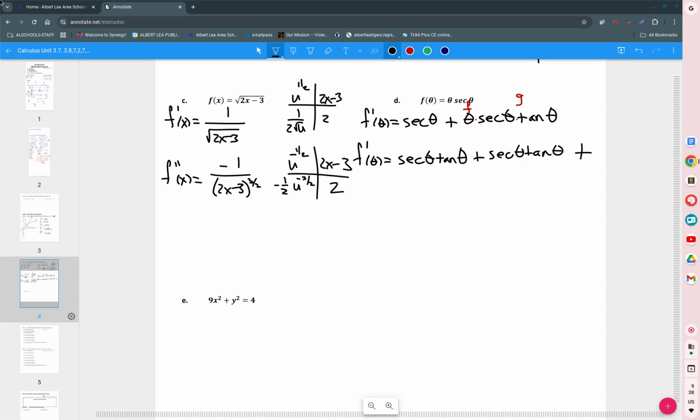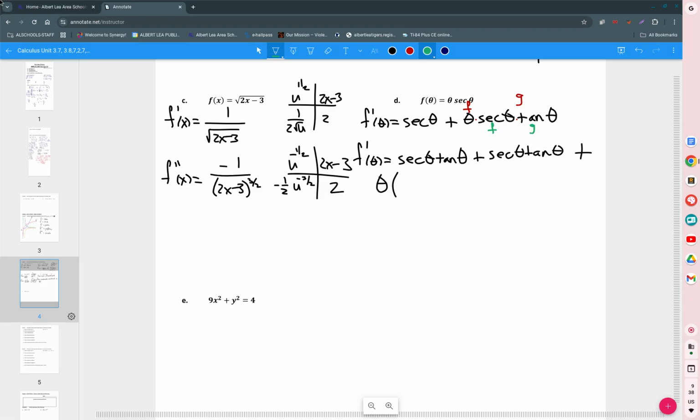Plus, now I have theta times, and now I need the derivative of secant of theta times tangent of theta. And that requires the product rule. And so now I will call secant f and tangent g.